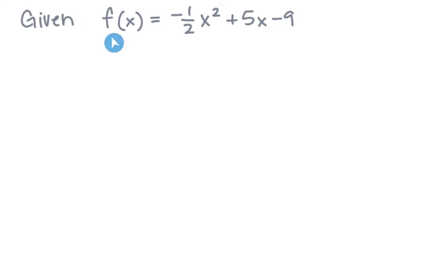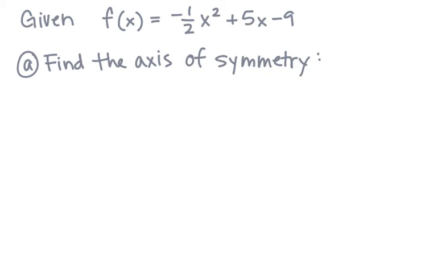For the example, we are given the function f of x equals negative x squared plus 5x minus 9. Now, this x squared term lets me know I'm dealing with a quadratic, and it's a function because we have an output or a y value. The first thing we're going to do here is to find the axis of symmetry. By definition, the axis of symmetry is found by calculating x equals negative b over 2a.